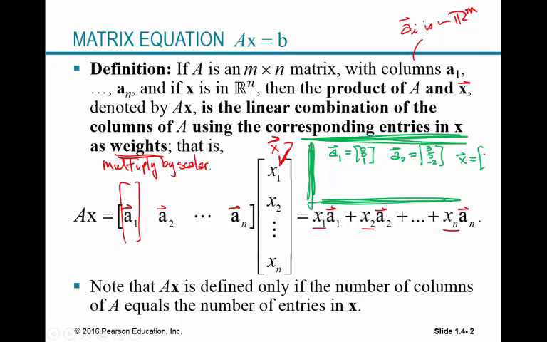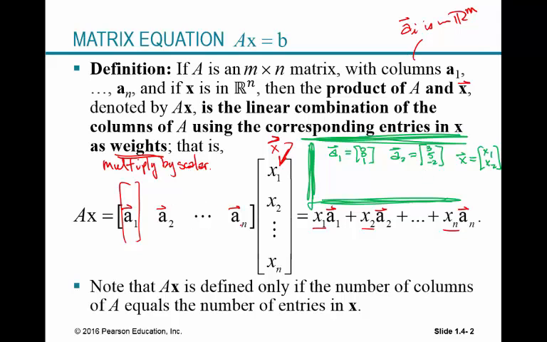How many components should X have in our example? In our example, X should have 2 components, because, remember, I only have 2 vectors here.